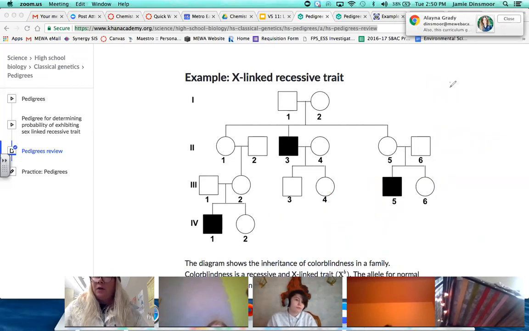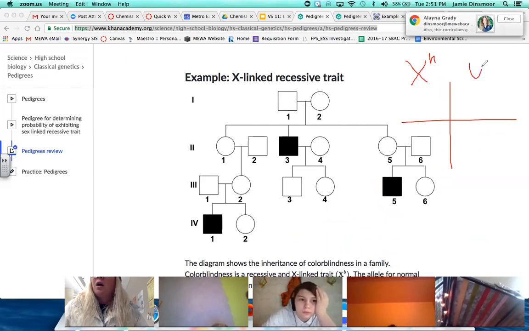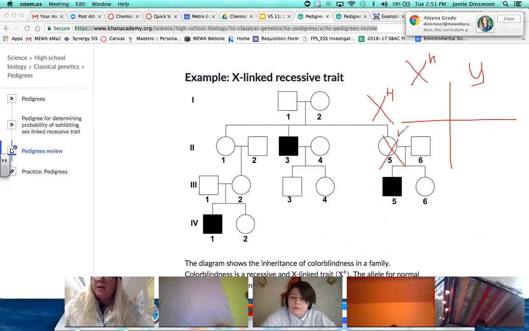If we have a cross between a woman who does, actually, let's say a male who has hemophilia, and a woman who's a carrier, but she doesn't have it, what would happen? Some of you can probably already guess.